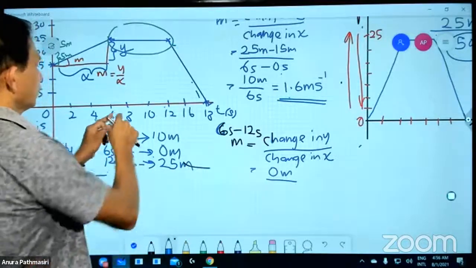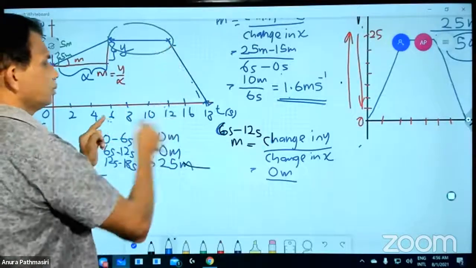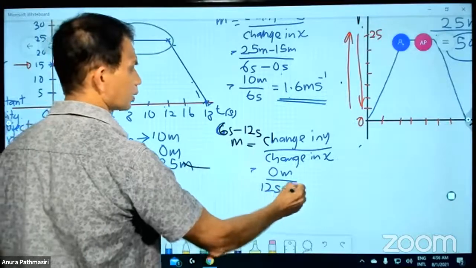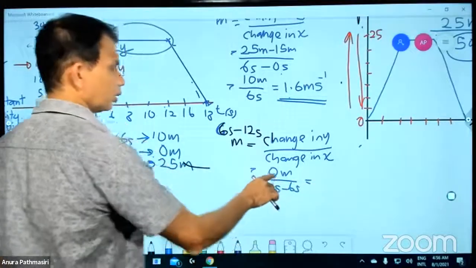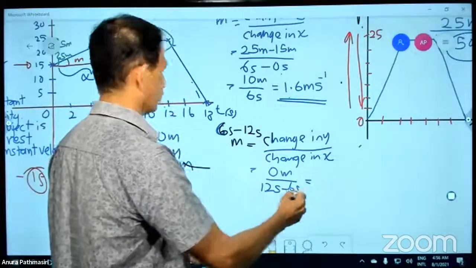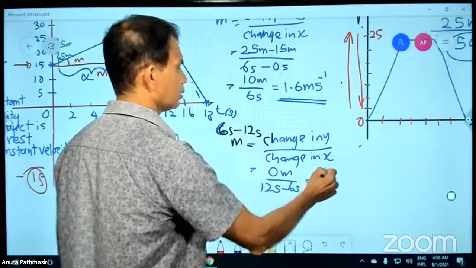Yes, you can have the change in x. The x is changed from 6 second to 12 second. So you can have 12 second minus 6 second, which is 6 second, divided into 0 meters.